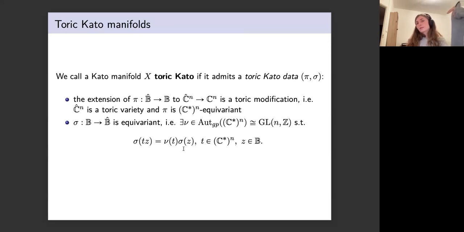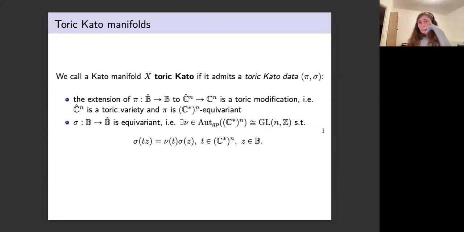You need to ask this because if you just ask pure invariance, so if you want nu to be identity, then you will not get much. So this sigma will just have to be one of the toric charts. So actually we have to allow a bit weaker condition.